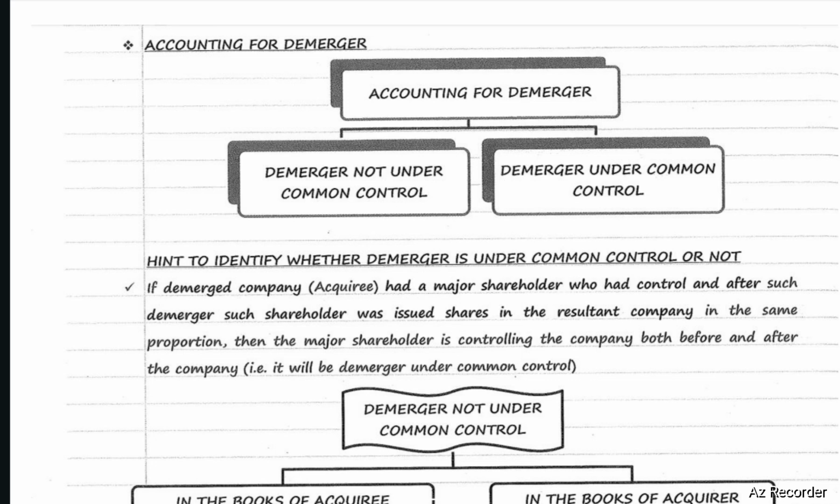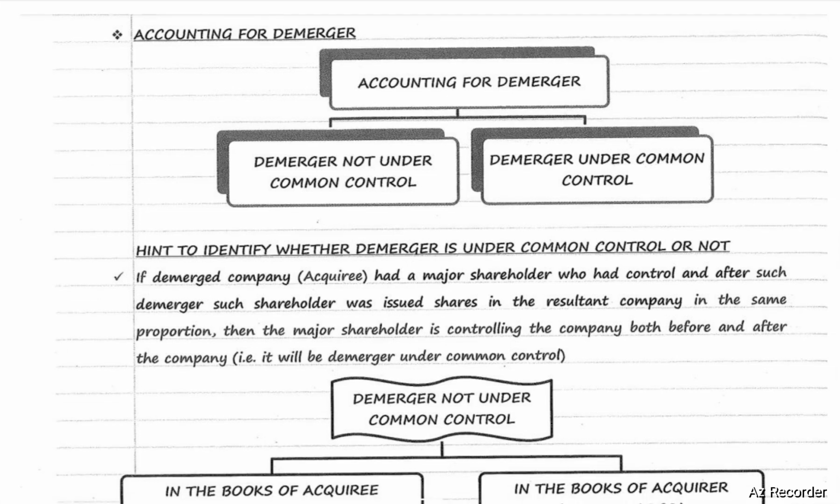Hint to identify whether demerger is under common control or not. If the demerged company, that is the acquiree, had a major shareholder who had control, and after such demerger, such shareholder was issued shares in the resultant company in the same proportion, then the major shareholder is controlling the company both before and after the demerger.